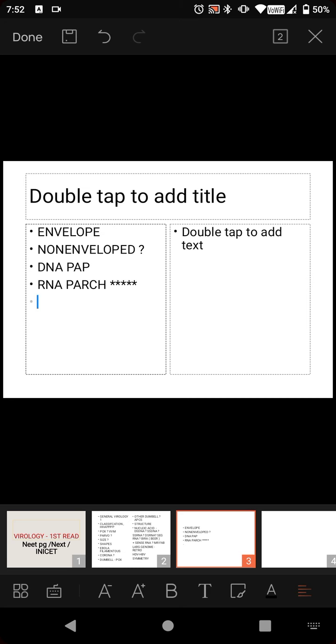The first step is adsorption, attachment, which is the most specific step of viral replication. Attachment between the virus and host happens here. So that is the most specific attachment.